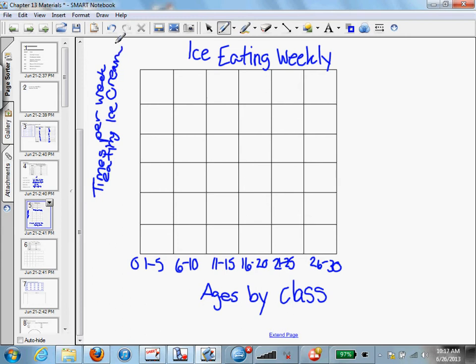If you look from our data, which is above, the category of ages from 1 to 5 will eat about 21, and the highest was 25. So let's list each of these by 5: 5, 10, 15, 20, 25, 30. So for the 1 to 5 category, they're going to eat about this amount.